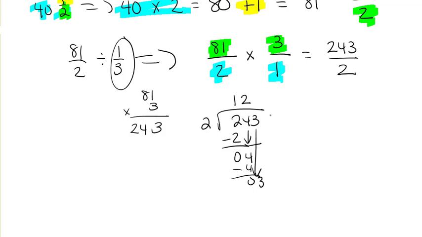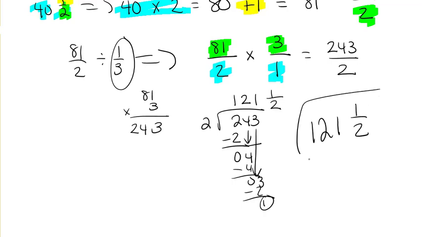Now 2 can go into 3 one time. So we get 1 left over. This remainder gets brought up to here, over our denominator of 2. So we get 121 and 1/2. And this would be how many feet of copper tubing there is.